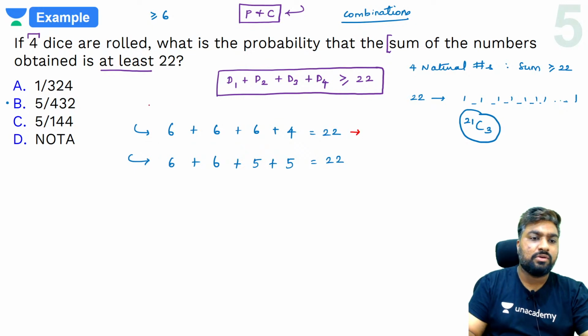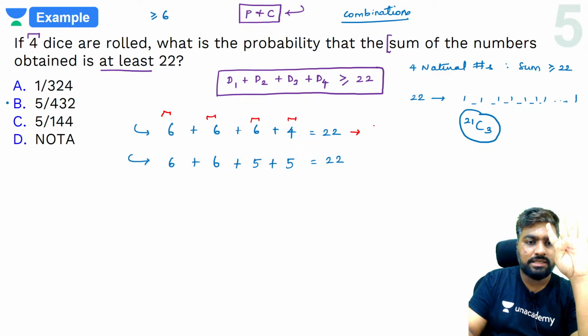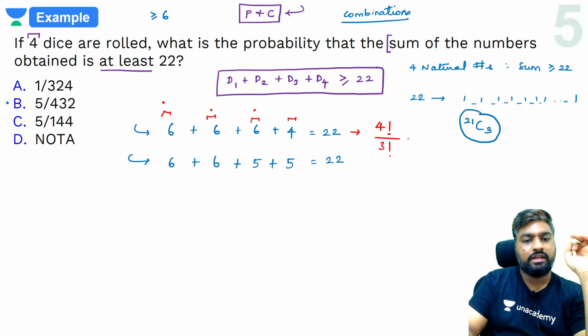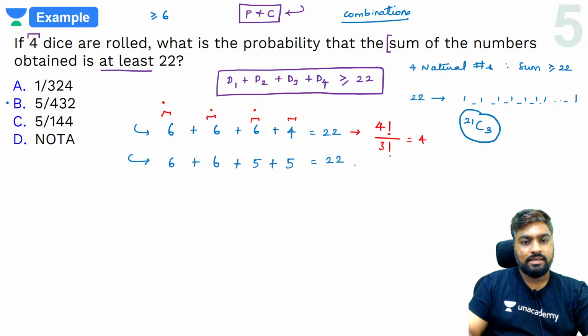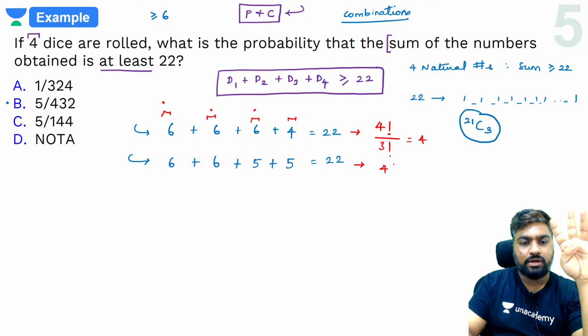22 के कितने वेज होंगे? We have 4 numbers, 4 factorial arrangements, divided by the duplicates. Like earlier, the three 6s are duplicates, so we remove it: 4 ways. Same way here for 22, 4 numbers, 4 factorial arrangement.